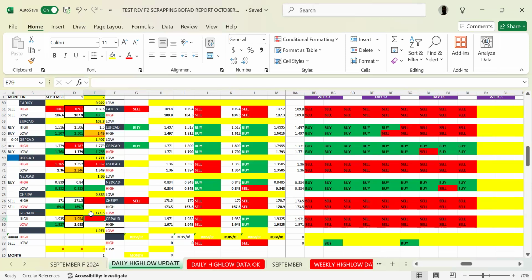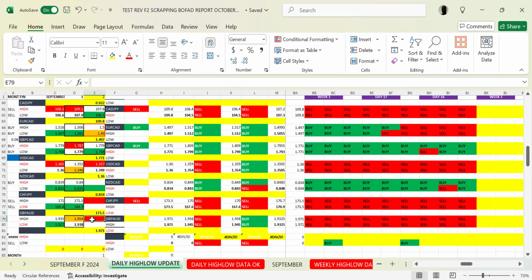Once we put in the current price, it tells us the decision of the market, whether the market is buying or selling, and also in relation to what has happened in the past, whether the market is moving towards a buy or a sell.